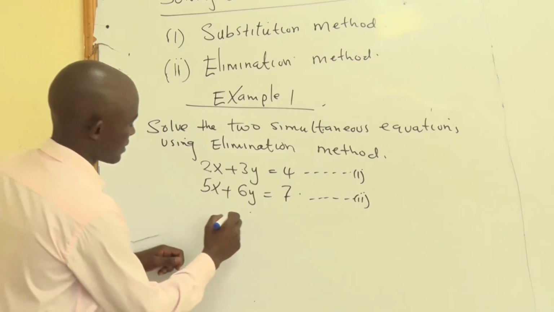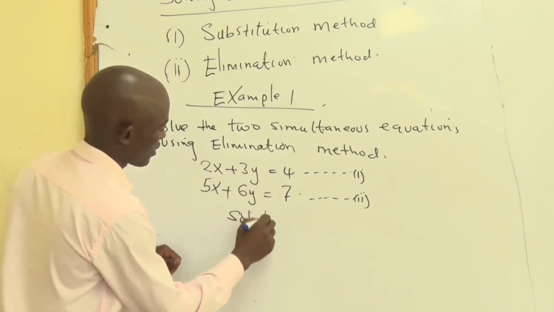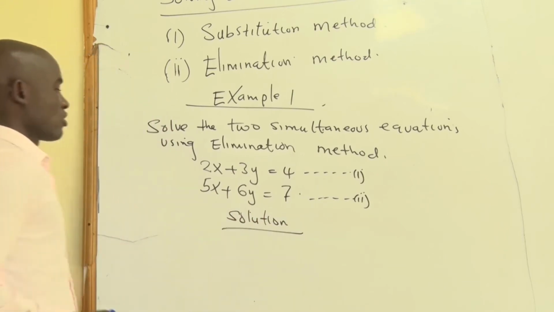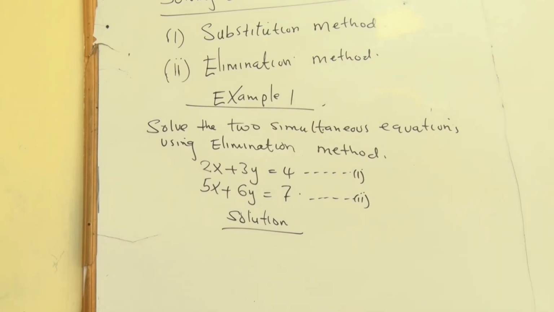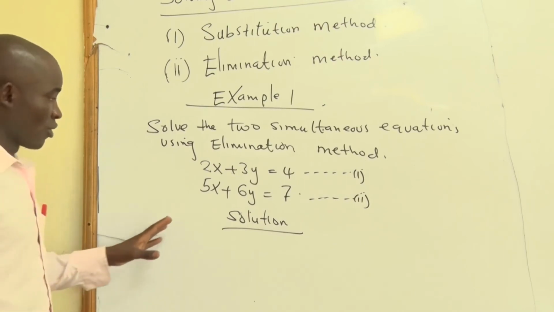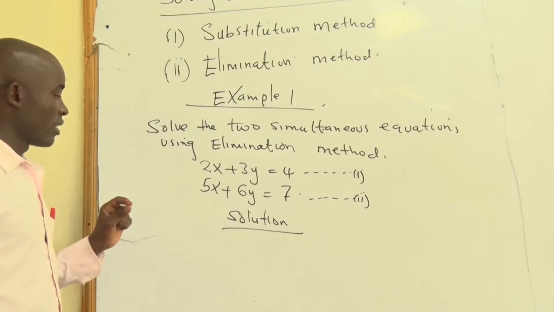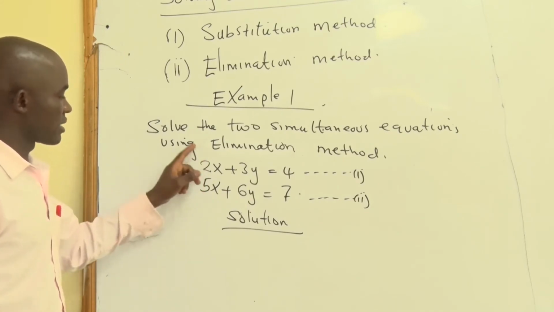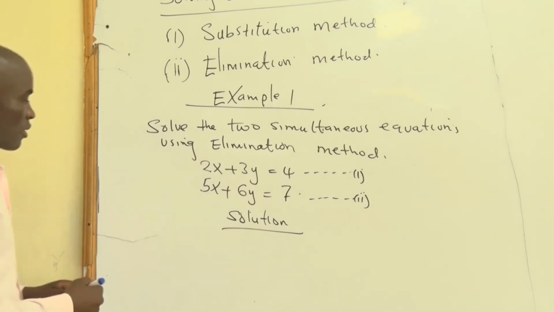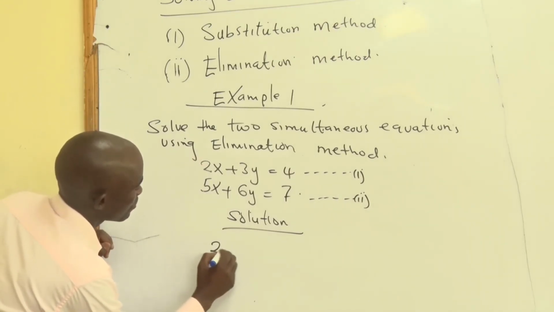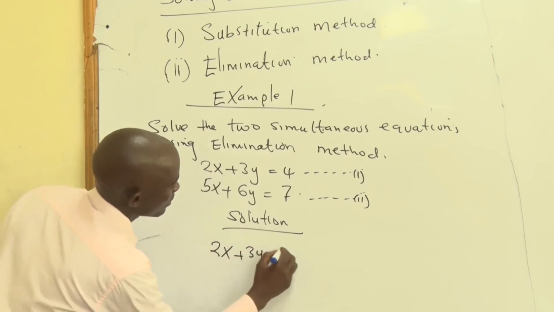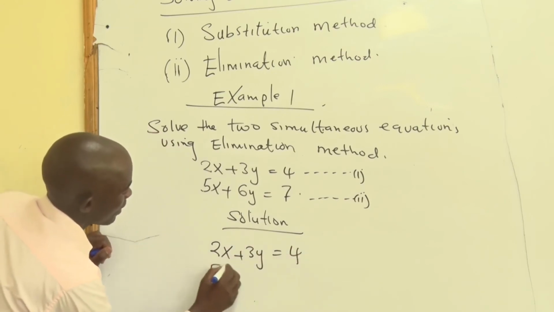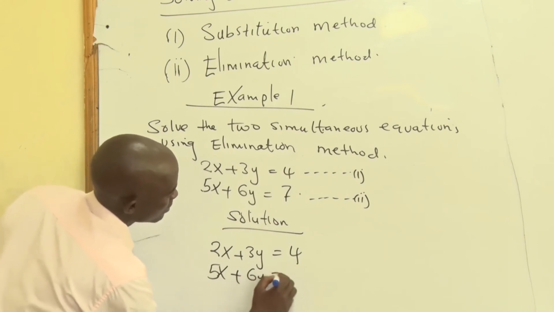So in such a case, elimination will be using either subtraction or addition in a manner that will be able to remove completely a given portion. For this case, we shall use subtraction, and we have to make sure one part has similar coefficients. These are coefficients. So what I will do, I will rewrite the two equations. 2x plus 3y is equal to 4. 5x plus 6y is equal to 7.